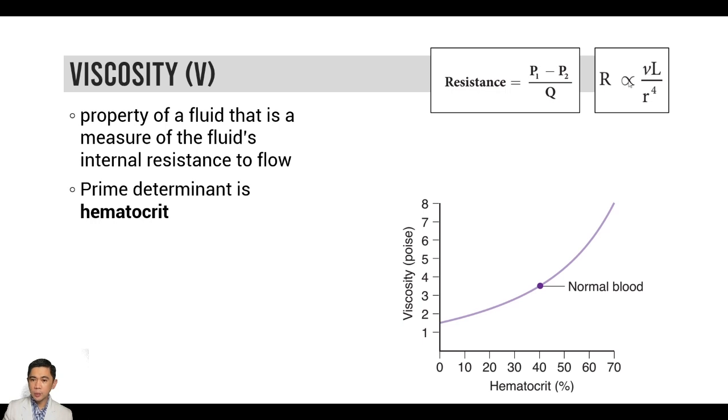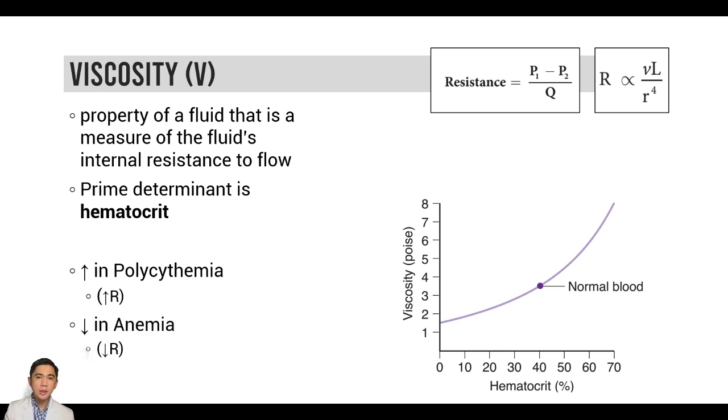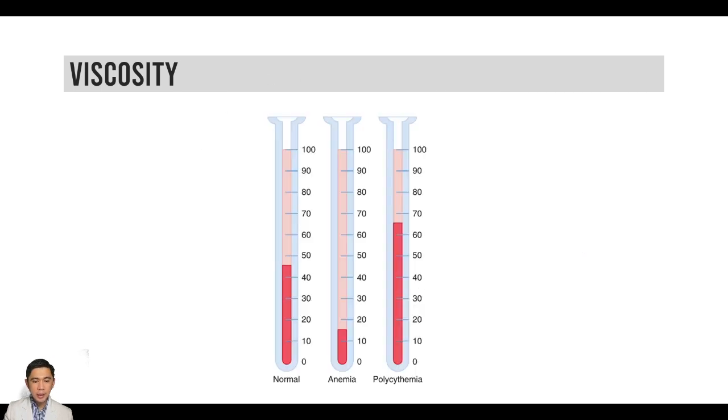Viscosity will always be directly proportional to the resistance. So there are disease entities which increase the viscosity of our blood. It is increased in polycythemia vera. Thus, there will be increased resistance in our circulation. And decreased in anemia, so there will be decreased resistance in our circulation. So this slide will show our normal hematocrit, mainly of the RBCs.